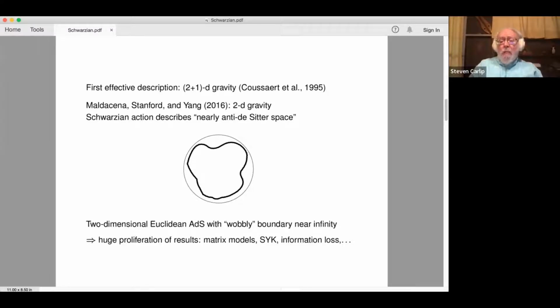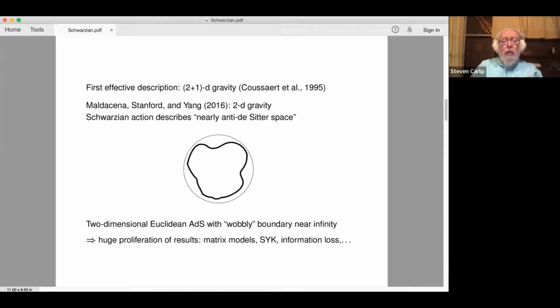But the recent excitement about this came from a paper by Maldacena, Stanford, and Yang about 5 years ago, who looked at two-dimensional gravity and at what they call nearly anti-de Sitter space, which means anti-de Sitter space, but with the boundary at infinity moved slightly inward to an arbitrary curve, a small conformal distance from infinity.